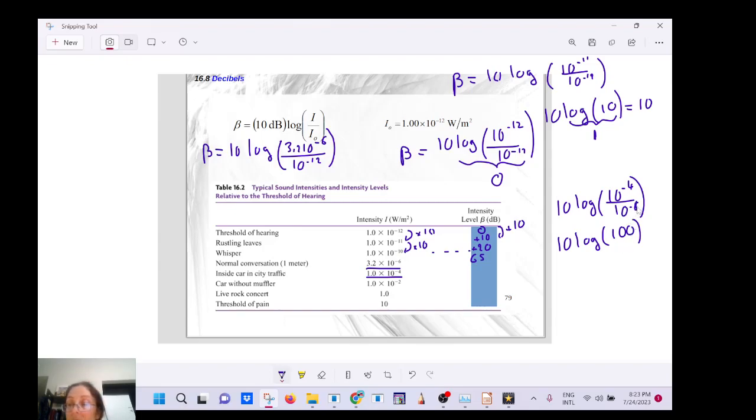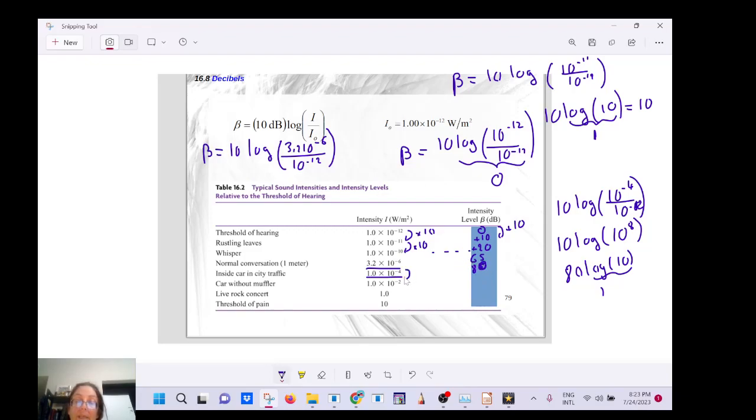Not minus 6, 12 here, sorry. So you have a minus 12 and a minus 4, so that's going to be 10 to the 8. Okay, so remove the exponent, so it's going to be 80 log of 10, that's going to be 1, so you get 85. Then 80, sorry.